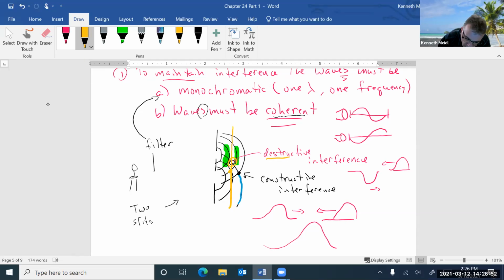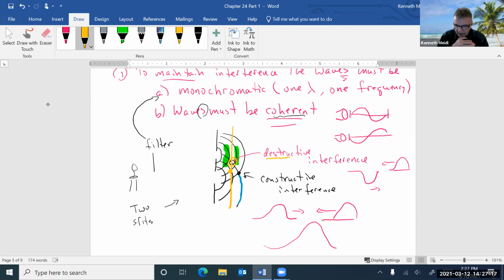This spot right here where the two wavefronts are hitting is a spot being maintained of constructive interference, and it's maintained. It just sits there, right? It just sits there. And so this is something we don't see in our everyday life, but that's exactly what Thomas Young is able to show, and this really happens, okay?